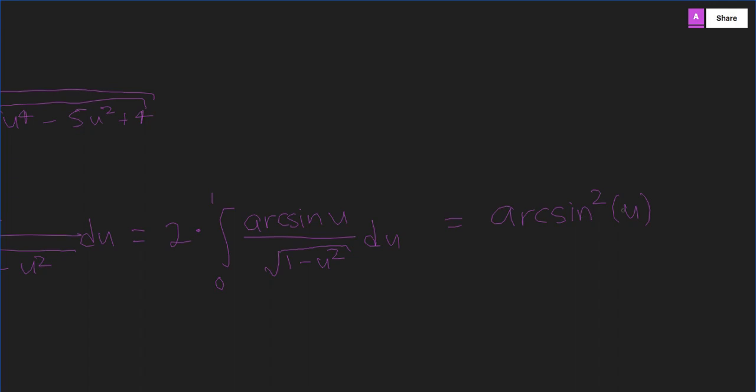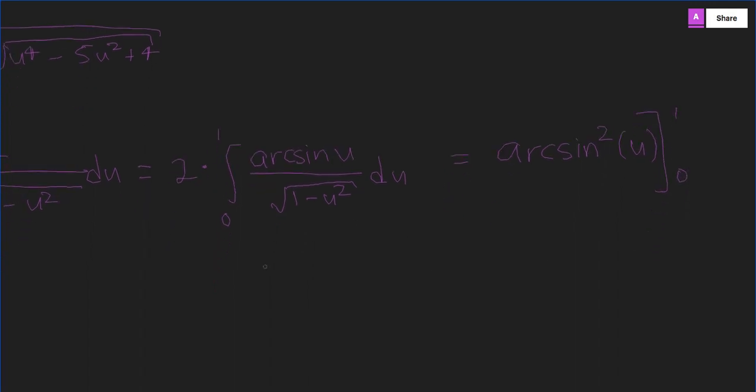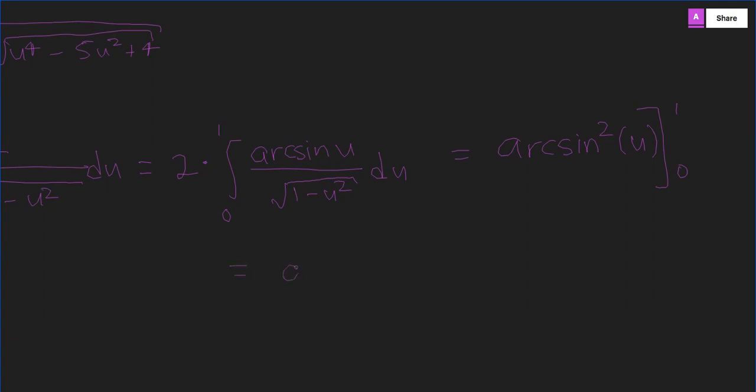So if you evaluate arcsin squared u from 0 to 1, this is going to be arcsin squared 1 minus arcsin squared 0.